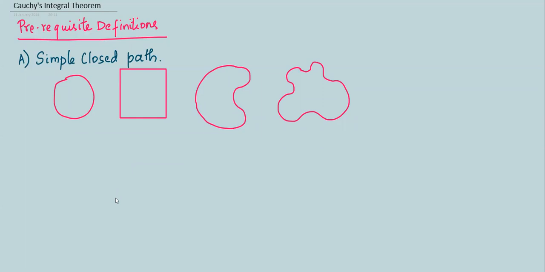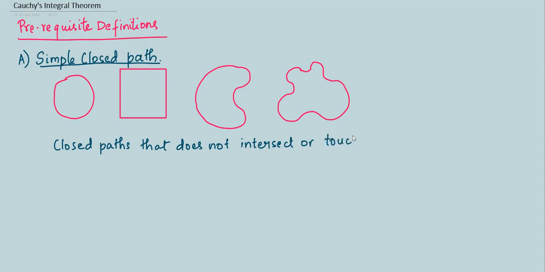Now these are all simple closed paths of any shape, but they do not intersect or touch themselves. So simple closed paths are closed paths that do not intersect or touch itself. This is a simple closed path.